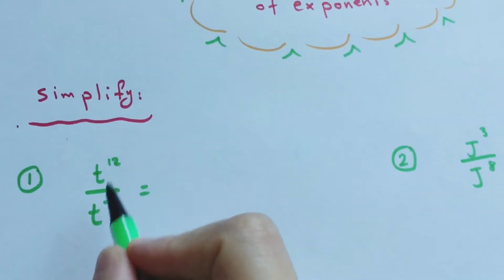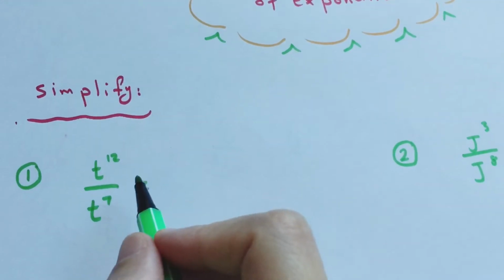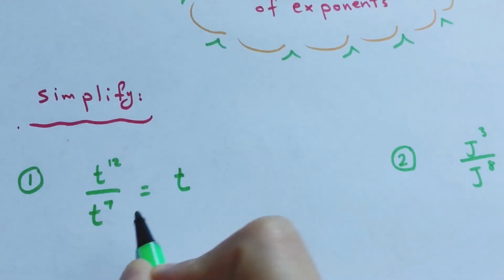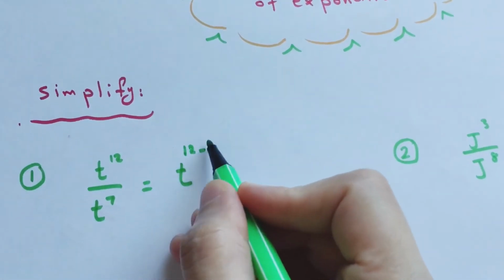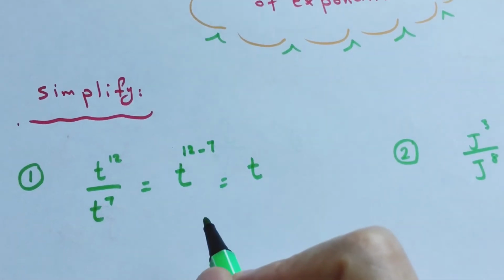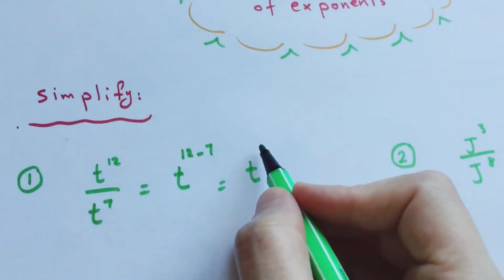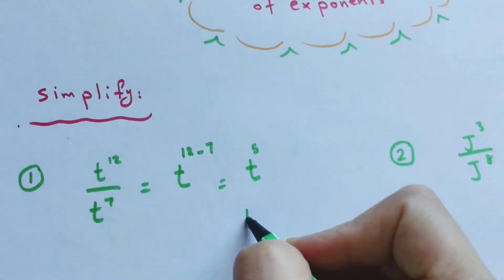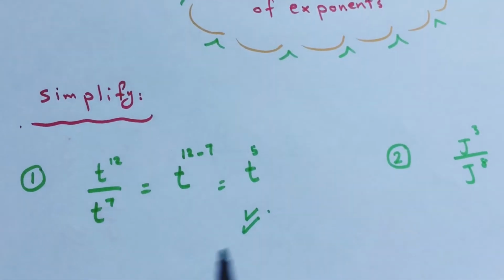Here in division, if we have the same base, I'm going to subtract the exponents. So I will put only one t, then I will subtract 12 minus 7, so it will be t. 12 minus 7 is what? Yes, it is 5. So it is t to the power of 5. That's it. We are done.